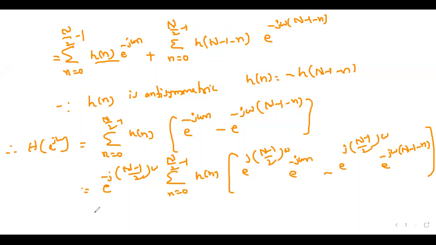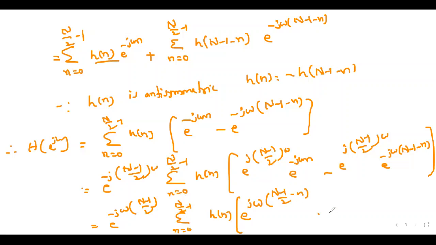Here this is equal to e power minus j omega of N minus 1 by 2. You keep it as it is. Summation also keep it as it is. h of n into these two terms, you just club it. Take omega and j common, e power j omega of, what you can do here, n minus N minus 1 by 2, and here minus n and minus.